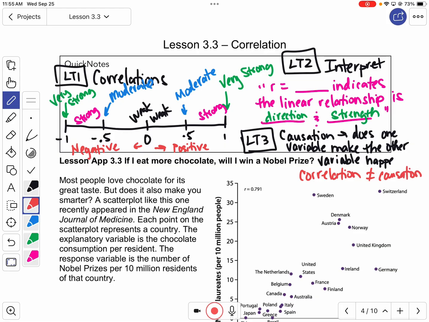Just because there's a linear relationship doesn't mean that those two variables cause each other to happen. So correlation does not equal causation. Let me show you what our examples are going to look like today. We're probably going to finish the lesson before lunch today, because it's really short, sweet, and to the point.